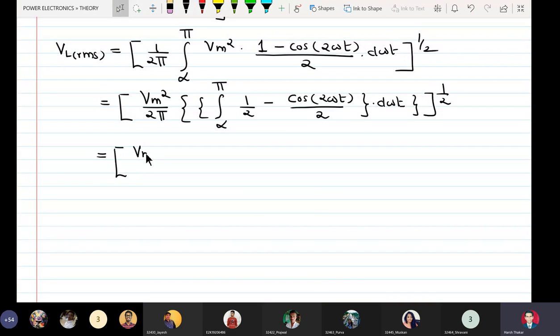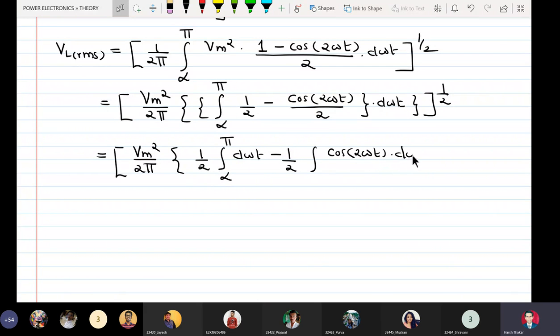which is equal to Vm square upon 2 pi, 1/2 integration d omega t alpha to pi minus 1/2 integration cos 2 omega t, alpha to pi.